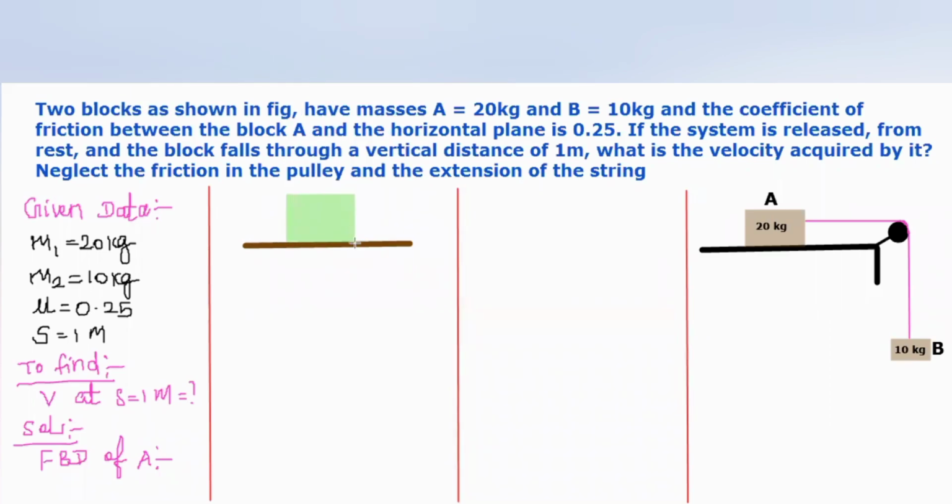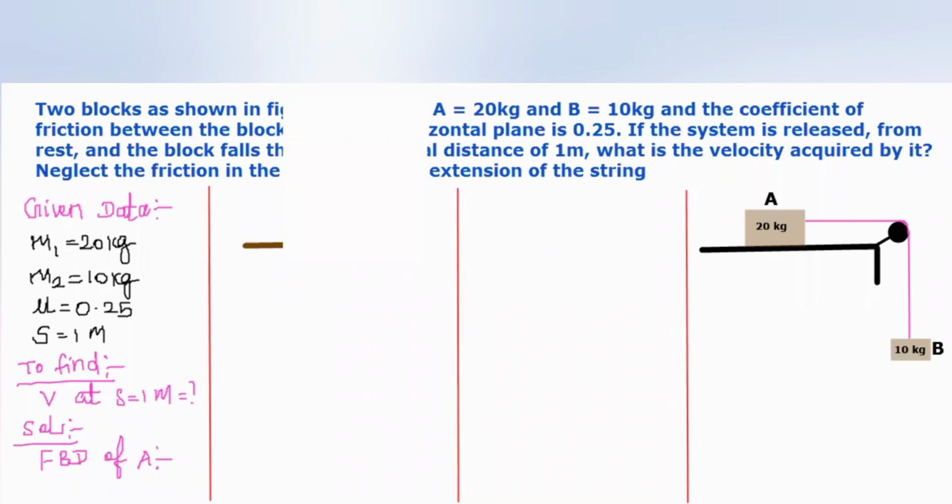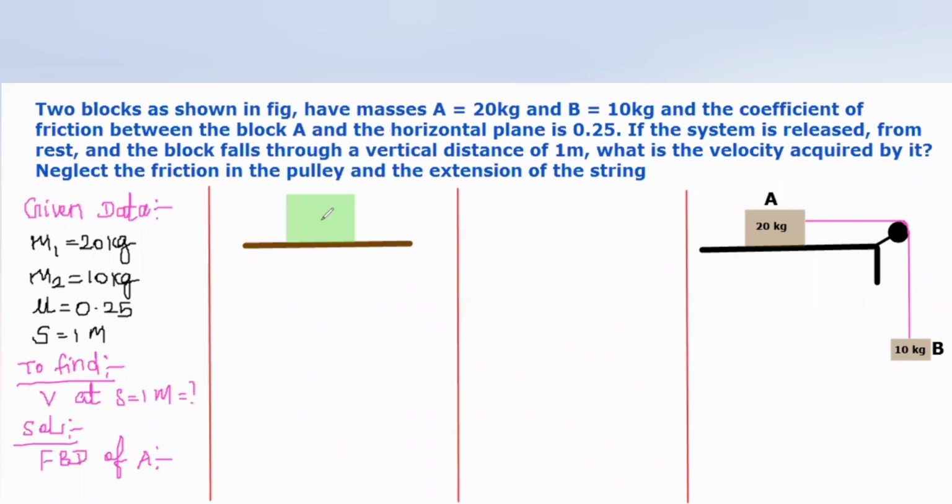What are all the forces that will act on this body? That we are going to discuss here. So you can see this is the object A with the mass equal to 20 kg.